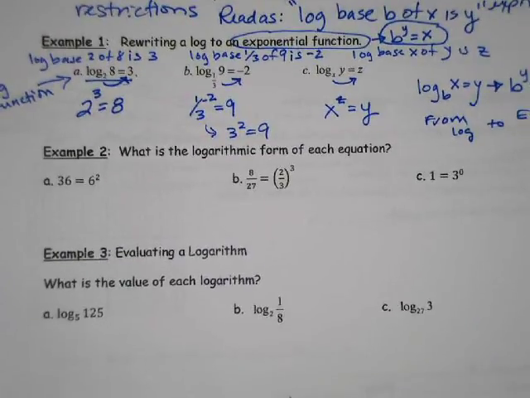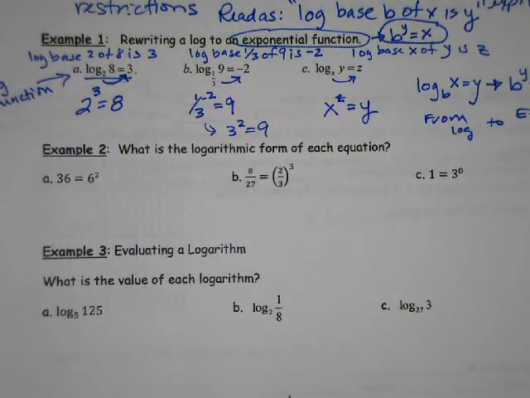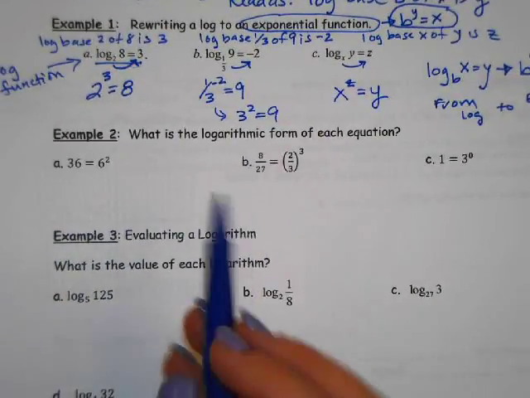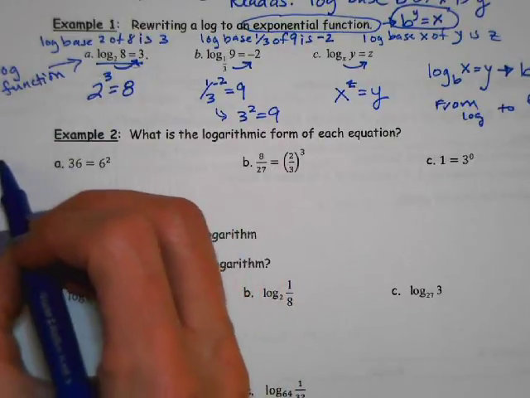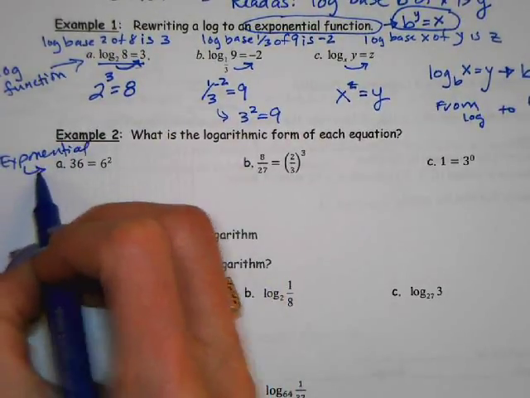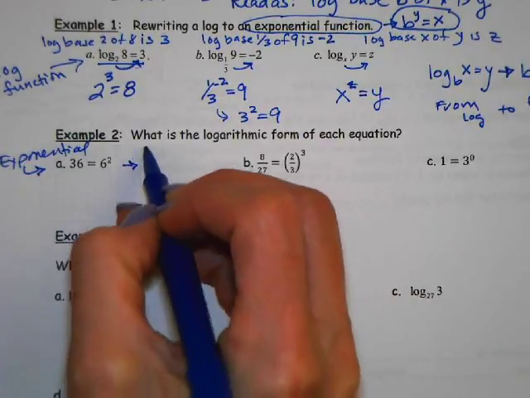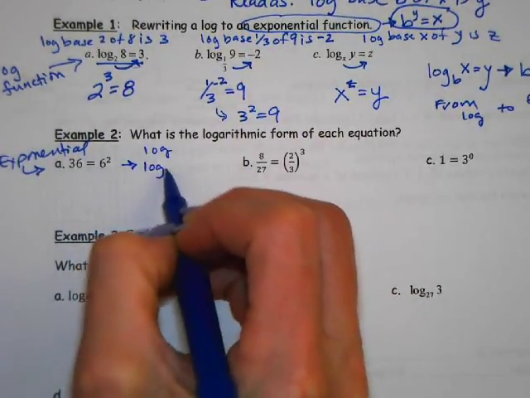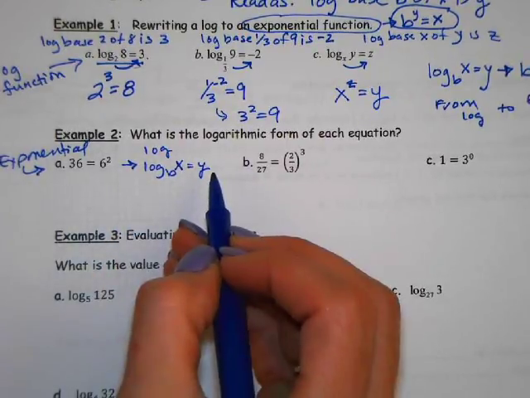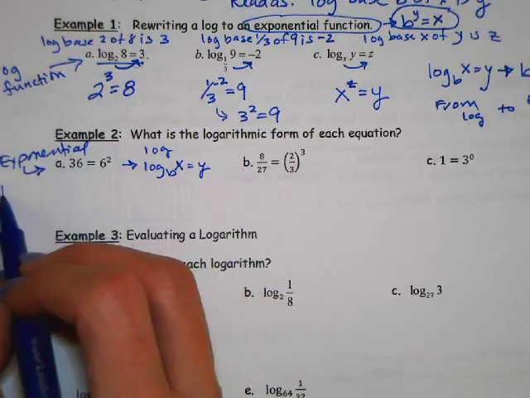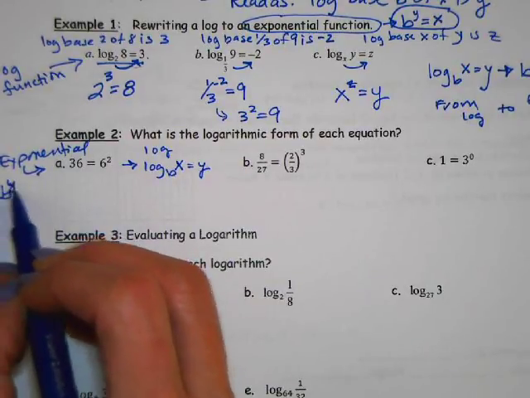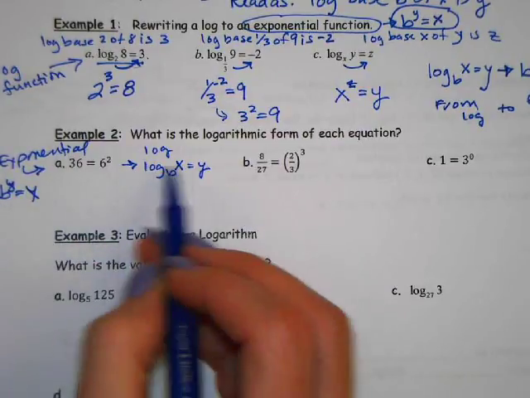So I have 36 equals 6 squared. This is an exponential, and I want to go to log, which is log base b of x equals y. But remember, this is b to the y equals x, so I just have to switch it.